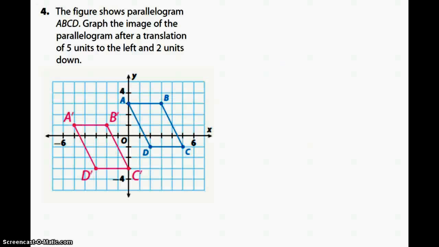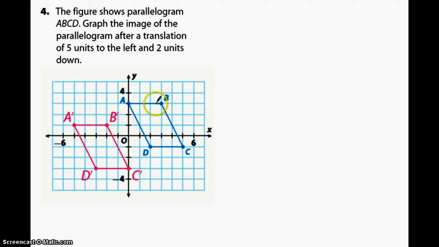Okay, so we're back. Again, they're asking us to go 5 units left and 2 units down. So just looking at what it's telling us to do, we start at A, and we're going down 1, 2. That's our 2 units down, and we're going 5 units left. We could have also started from here and gone 1, 2, 3, 4, 5 units left and 2 units down, and that gave us our A prime.